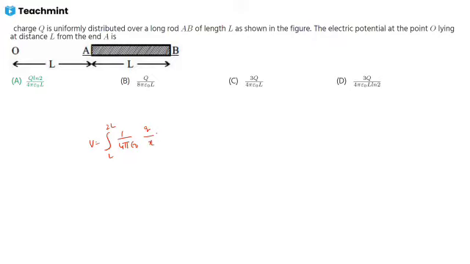Okay, Q by X. Okay, here let us consider a small element of dx, and the distance of this element from the point is X. So like that we can imagine. So into dx. Okay, but here, as the charges are not distributed on the surface, as the charges are distributed over the length, okay, here we are going to consider this one as integration.